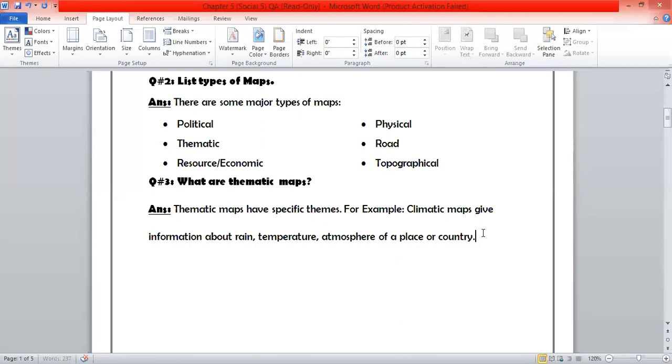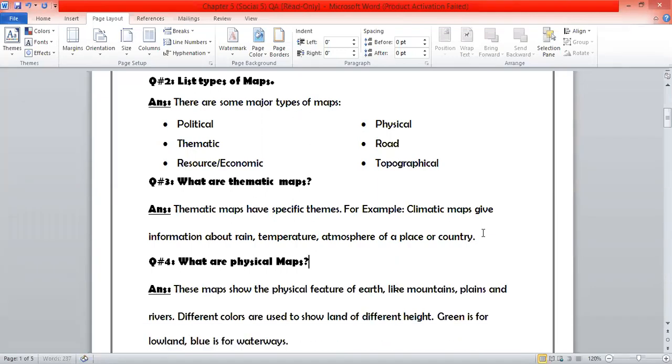So the question number 4 is saying, what are physical maps? Physical maps are those maps which show the physical feature of the earth, like mountain, plains, and rivers.